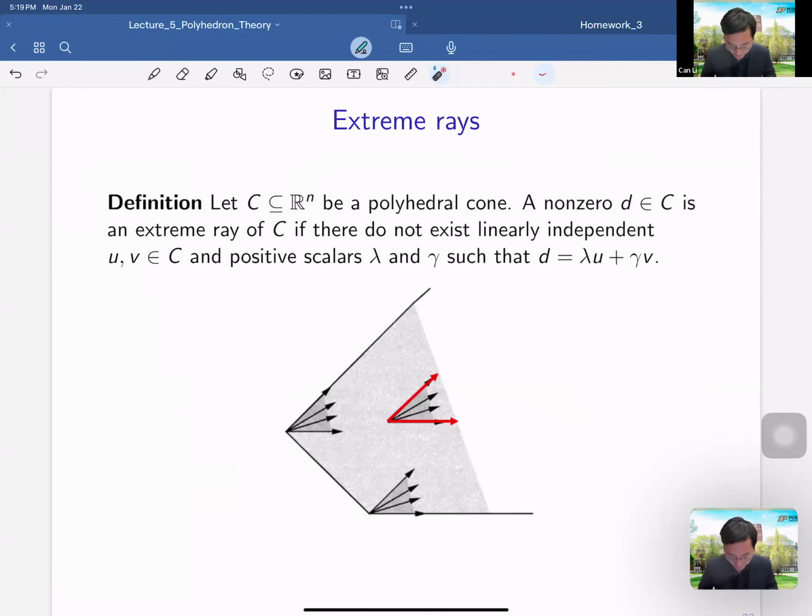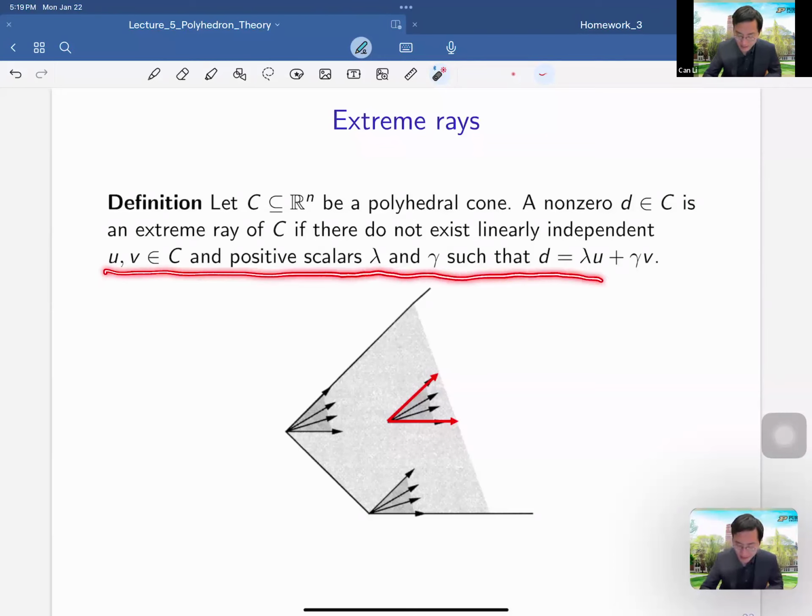All right. So now we are going to define a concept called extreme rays. So we define a vector d. It is called an extreme ray of a cone if there do not exist linearly independent u and v and positive scalars such that d can be expressed as a linear combination of u and v.